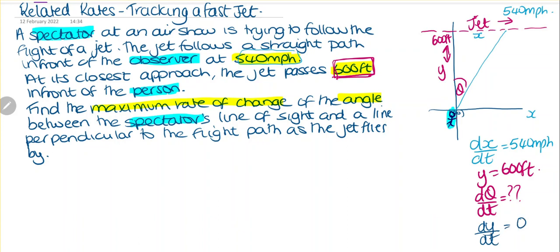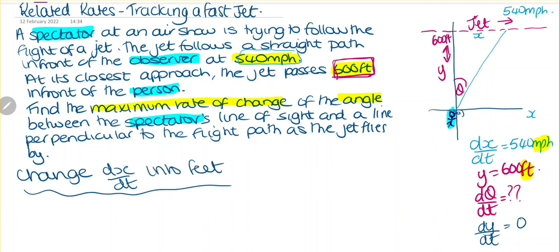So let's try and have a look what we need to do. Well, first of all, we have two different units. We have miles per hour and we have feet. So we need to change dx by dt into feet. So what do we have? dx by dt is 540 miles per 1 hour.